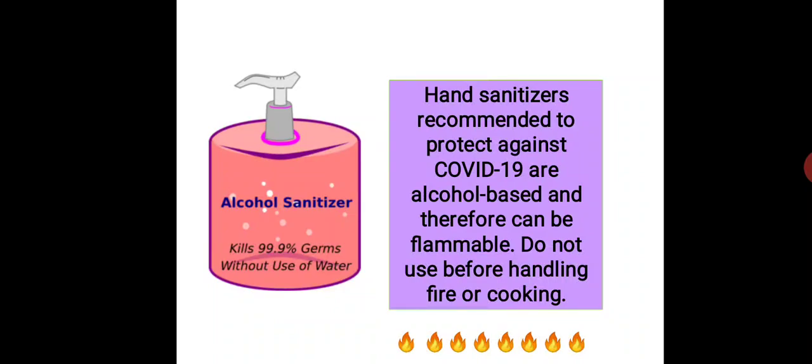One important thing we have to follow after using this sanitizer is to wash our hands before we handle any fire or any cooking work inside the kitchen, because all these alcohol sanitizers carry 60 to 95 percent of alcohol, which is flammable. So we have to be very careful and we should not handle any fire when we are applying the sanitizers.